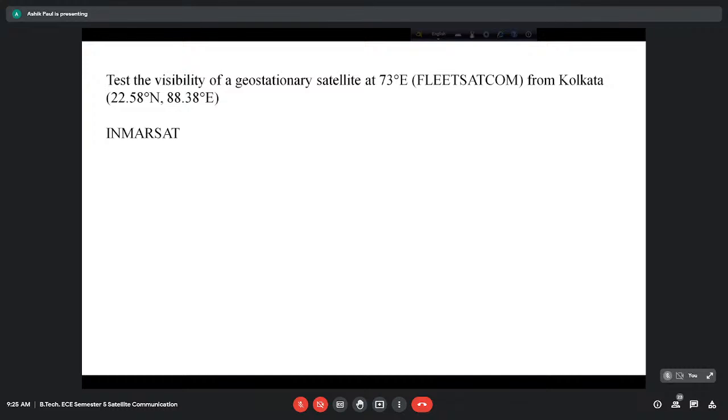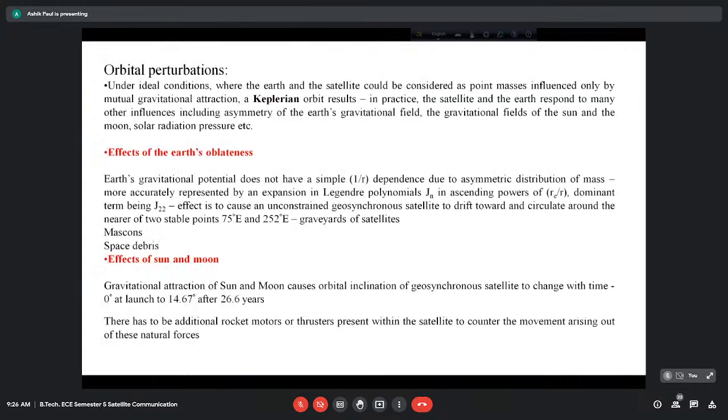So some of you are getting values of 27 and some are getting 32. Why is it so? Sir, it was my fault. I did some rough calculations. I didn't take the precise value. Okay. Sir, it is visible. Yeah, because the central angle is less than 81.3. So that satellite is visible from Kolkata, right?